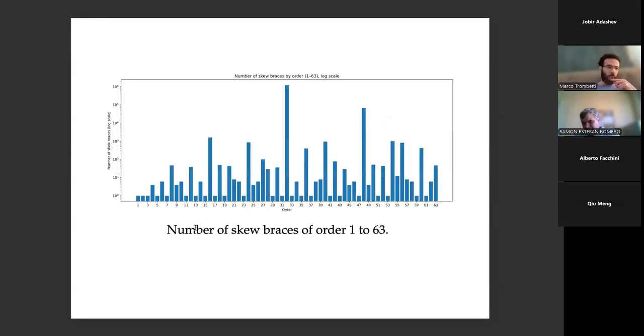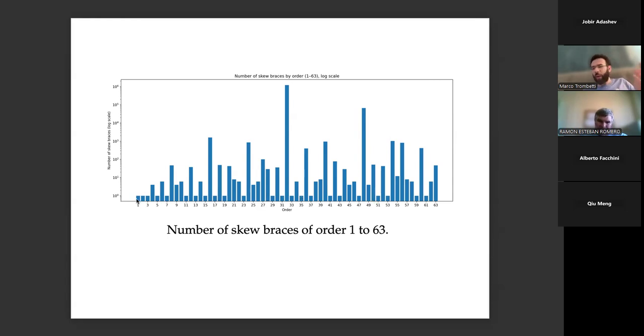Well, let's have a look at the skew braces up to cardinality 63. I have this nice diagram, and we can see some patterns here. For example, there are places in which you have just one skew brace.